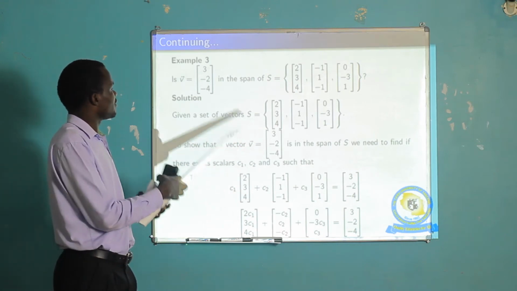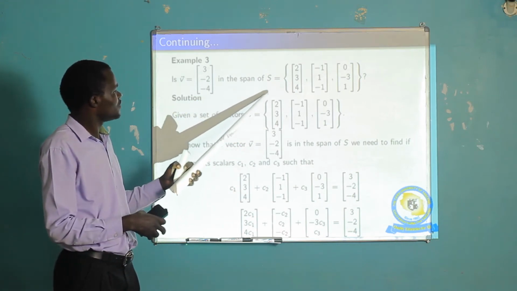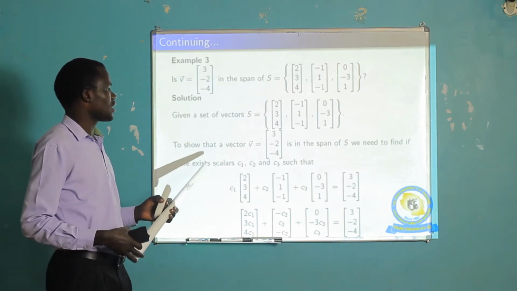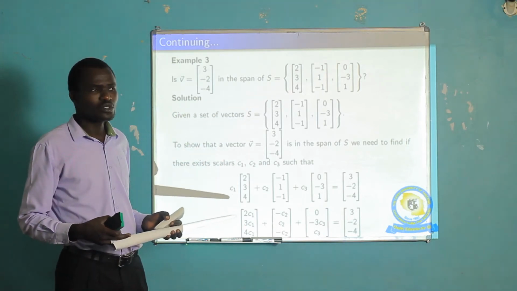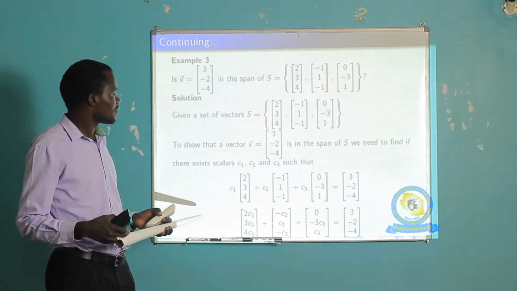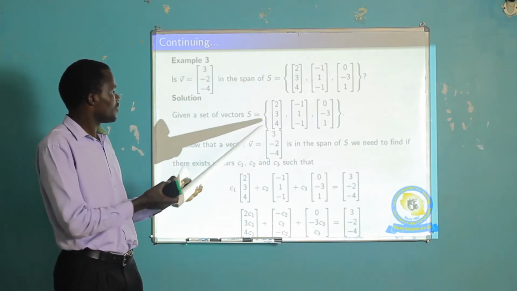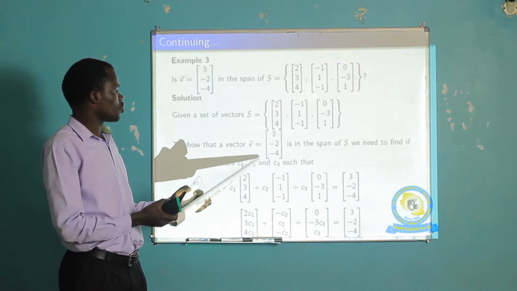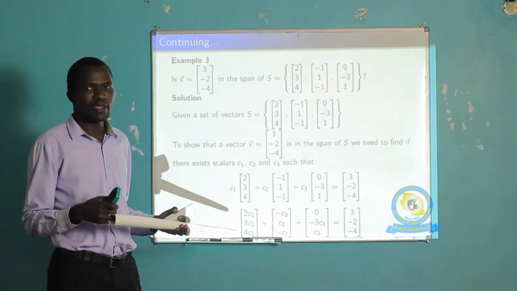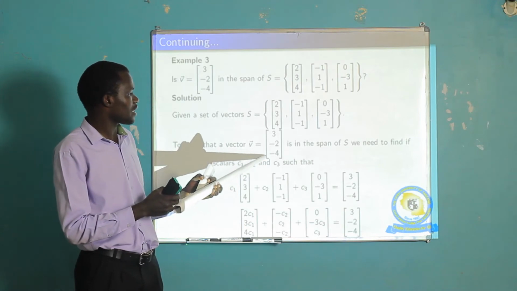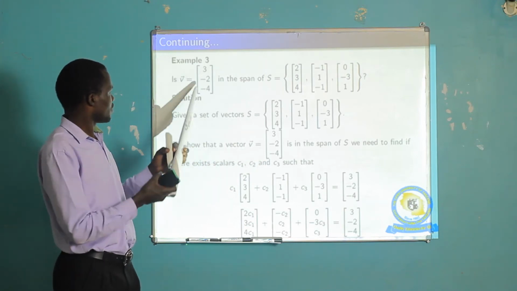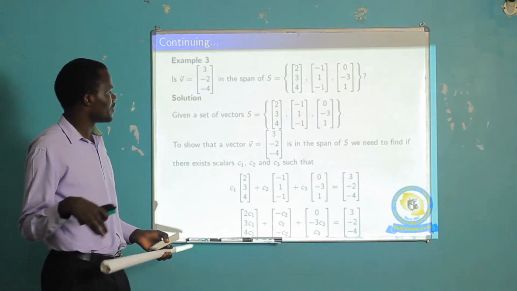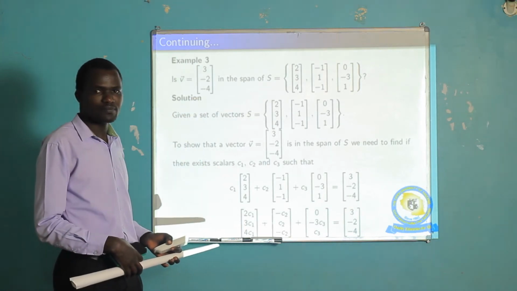To show that this vector is in the span of these vectors, we need to find if there exist scalars that can be multiplied, this one plus this one plus this one equal to this one. Or in another way, we need to show that this vector can be written as a linear combination of these vectors.